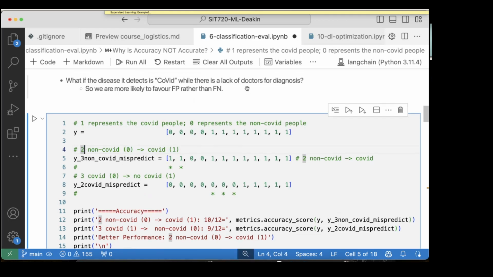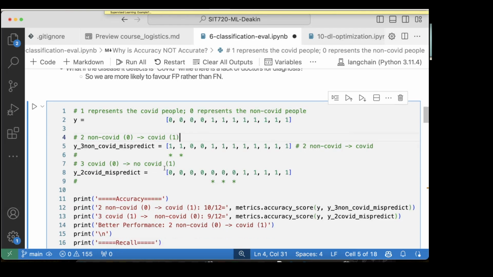But remember, we have a lack of doctors, so maybe we only have 1 doctor. So he's very, very busy. Maybe if you make more workload for this doctor, he will get sick. If he gets sick, there's no doctor in this small town. Okay. So we really want to be friendly to this doctor.